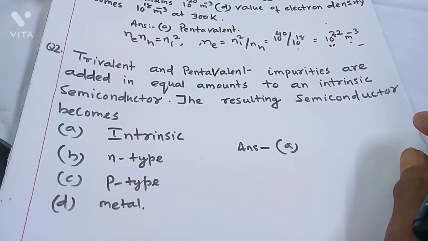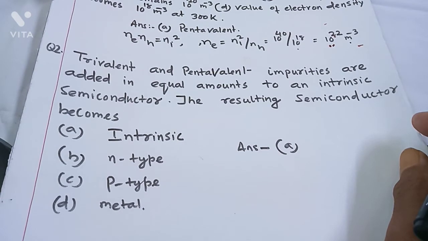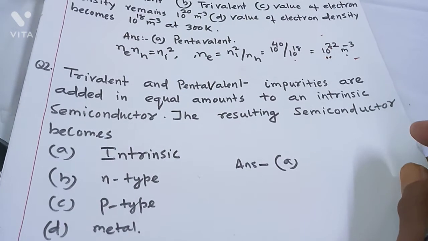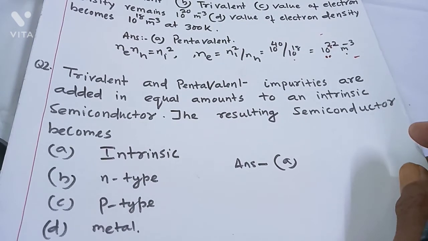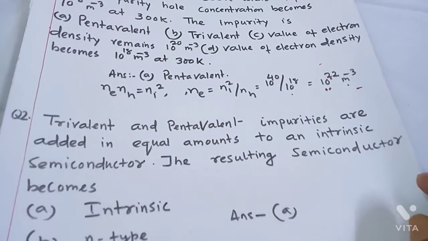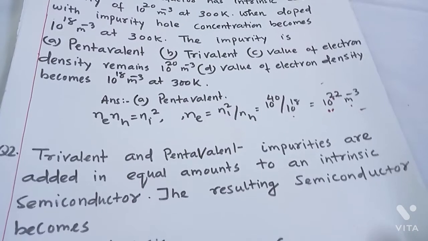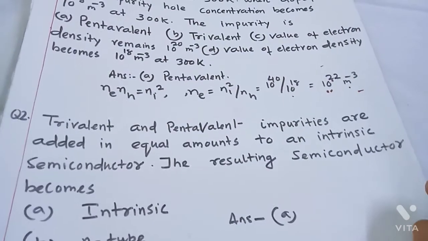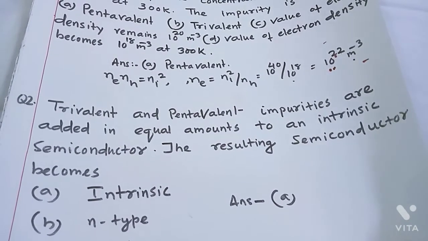When you add equal amounts of trivalent and pentavalent impurities, the contribution to carrier concentration, that is the number of electrons and the number of holes, rises equally, so that the carrier concentrations remain equal and the material remains an intrinsic semiconductor. So the correct choice is A.